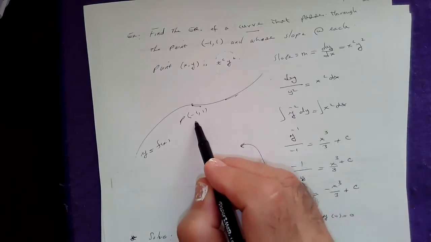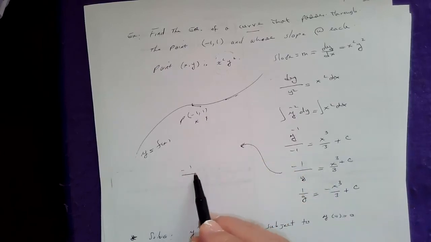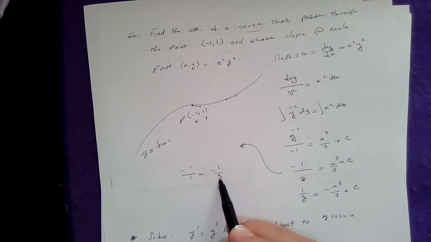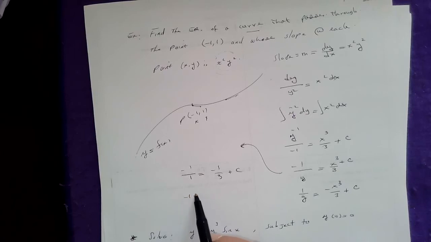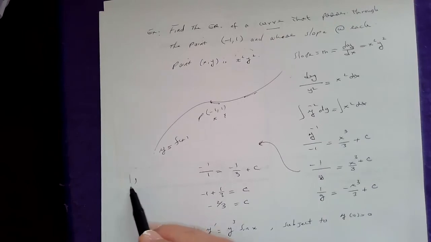Remember, the point is negative 1 for x, 1 for y, so that would be negative 1 over 1 equals negative 1 cubed, that's negative 1/3, plus c. So that would be negative 1 plus 1/3 equals c. So c is equal to what? Negative 2/3.